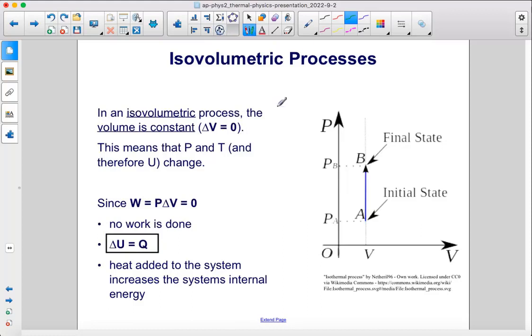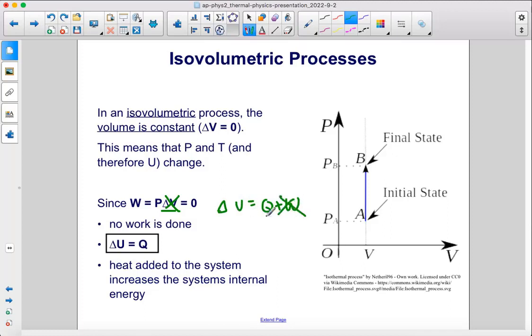In an isovolumetric process, the volume is constant, giving us a vertical line on the PV diagram. This means that pressure and temperature, and therefore internal energy, change. Well, since work equals pressure times change in volume, since there is no change in volume, there's no work done. Therefore, we have our change in U equals Q plus W equation.